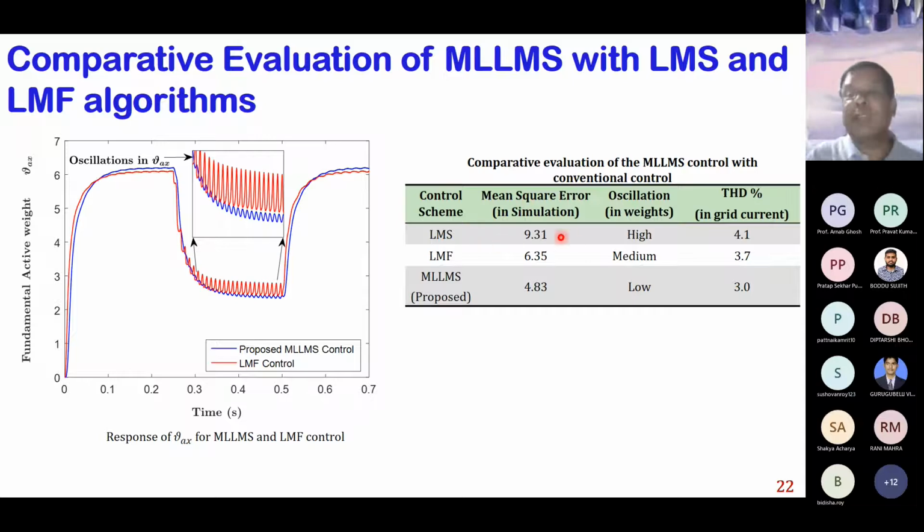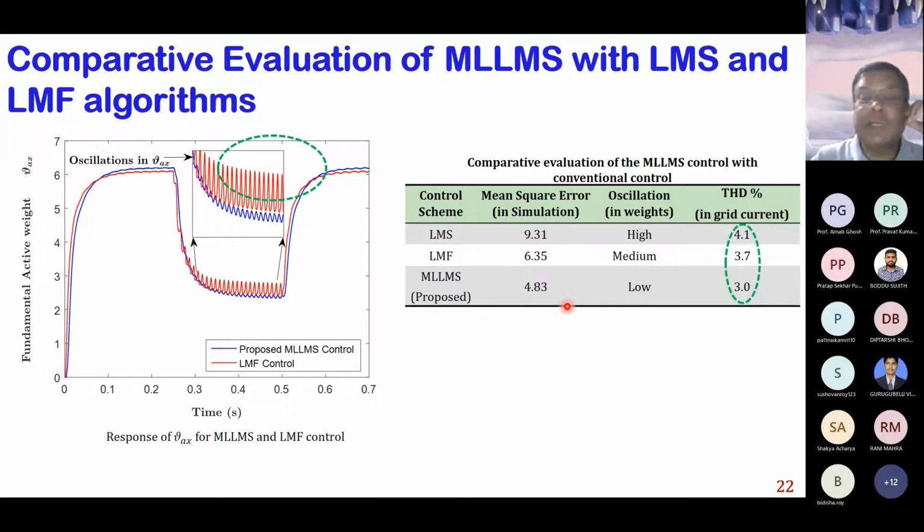And this is the comparison of the modified Leaky LMS and LMF algorithm. As you could see, the THD has gone down to 3%, the oscillation is low, and the mean square error in the simulation is also low.